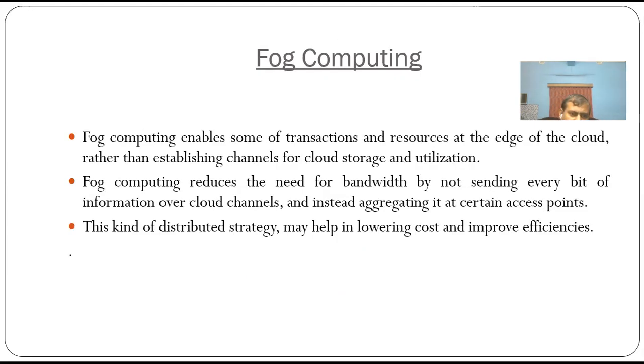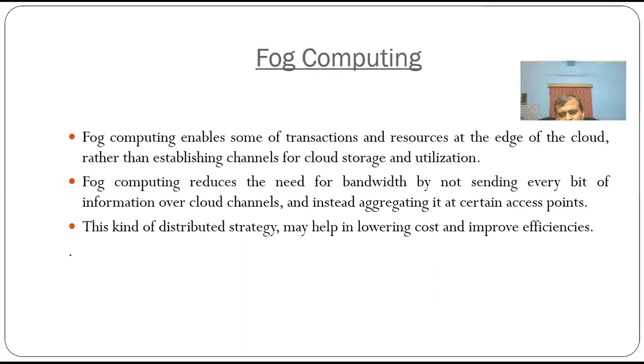Fog computing enables some of the transactions and resources at the edge of the cloud, rather than establishing channels for cloud storage and utilization. That means we are offloading the jobs of the cloud systems into the fog systems. Fog computing also reduces the need for bandwidth by not sending every bit of information over the cloud channels, and instead aggregating at certain access points.